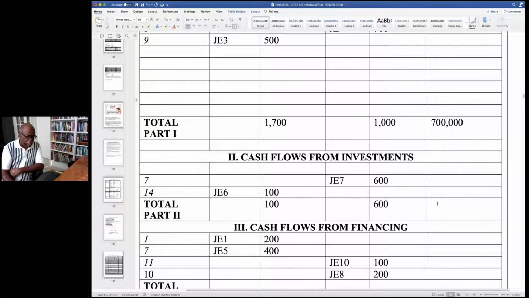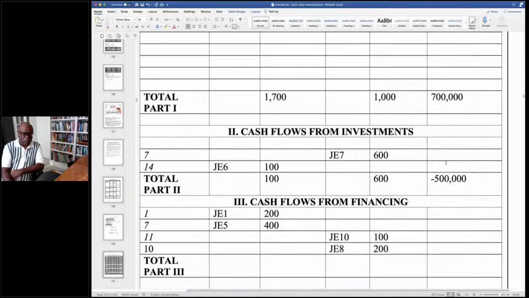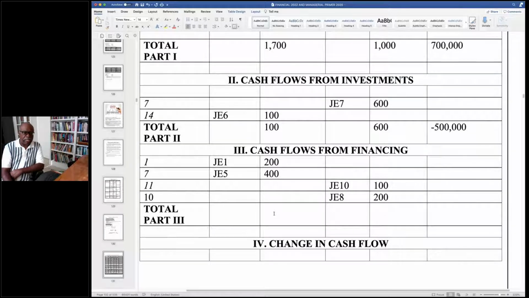So we have a minus 500,000 from investments. And then from financing, sources 600, uses 300. So we pick up another 300,000 here. So what's our net change in cash? 700 minus 500 plus 300 is 500,000.